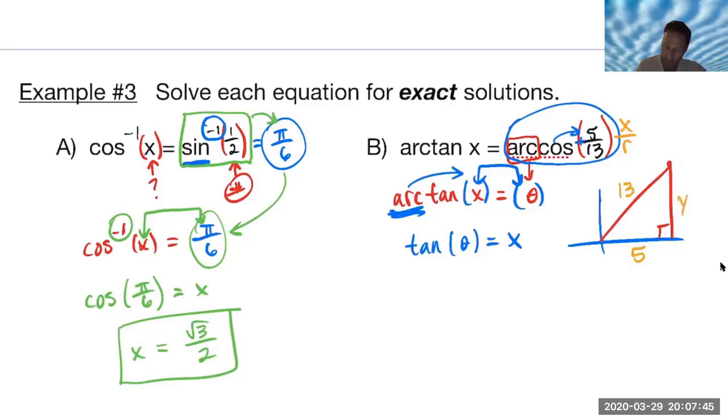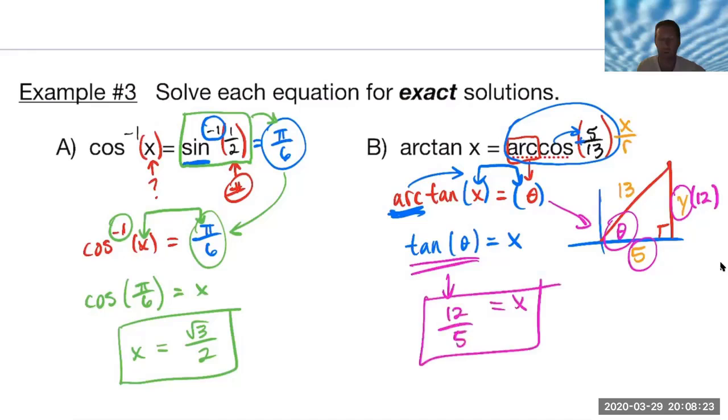And I can either use the Pythagorean theorem to find that value, or hopefully you guys already know it, because it is a Pythagorean triple of 5, 12, 13. And therefore, I didn't even need to know this angle theta, which is what this all represented, because now I can find the tangent of this value theta, which, remember, tangent is always the y over the x. So my answer for this is 12/5.